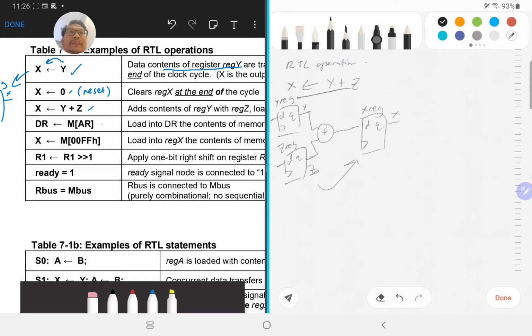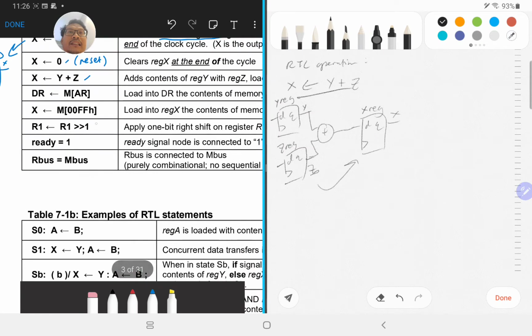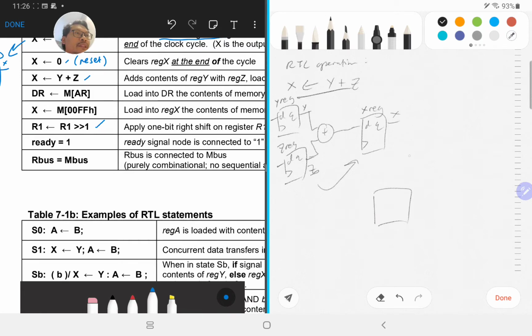In memory, we're not going to look at this one. The memory operations, let's look at this one. This one is also quite interesting. We have the R1 register. Let's do R1 arrow R1 right shift.